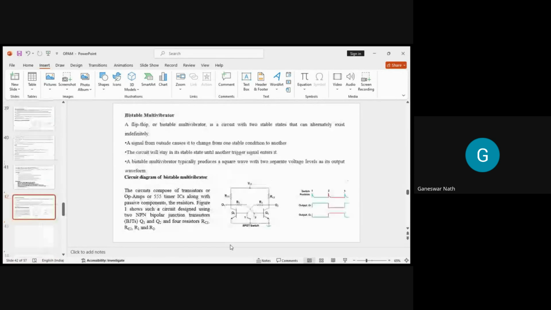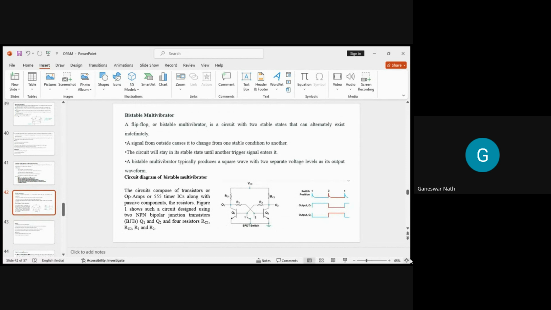Now I'll go to the bistable multivibrator. As with the astable and monostable multivibrators, we have the bistable multivibrator. A flip flop, or bistable multivibrator, is a circuit with two stable states that can exist indefinitely, that is one and zero.